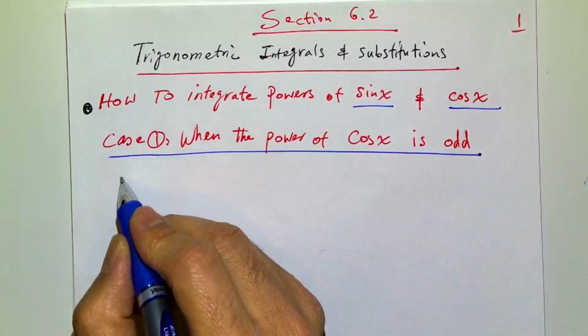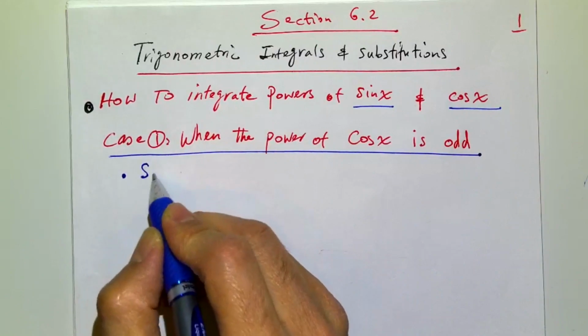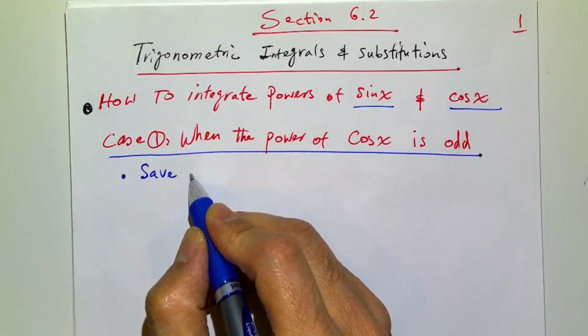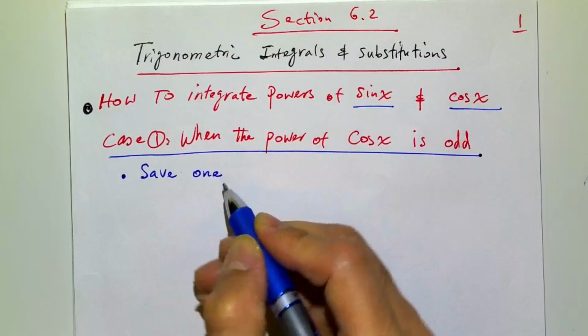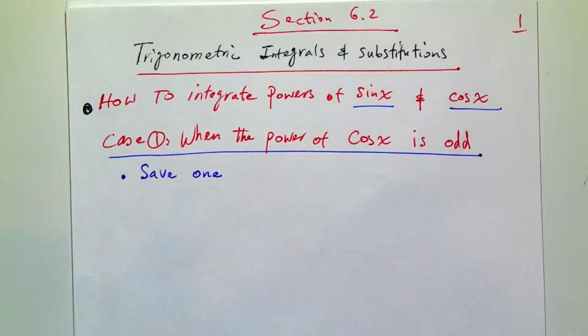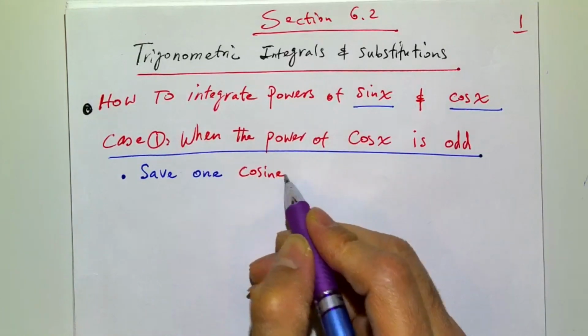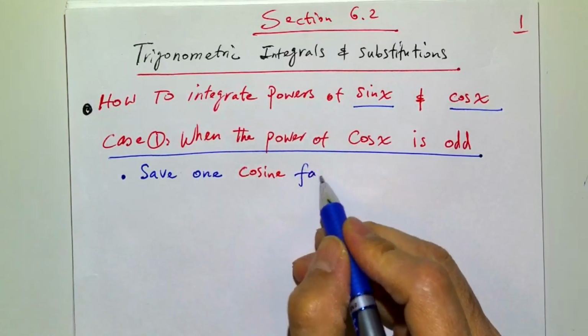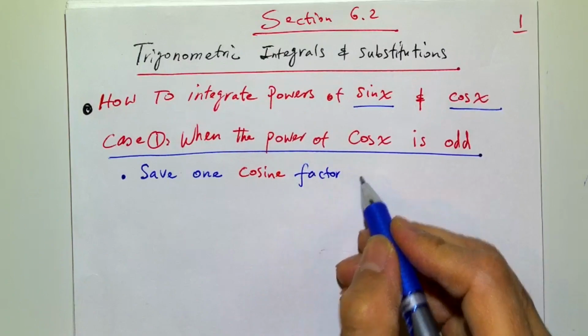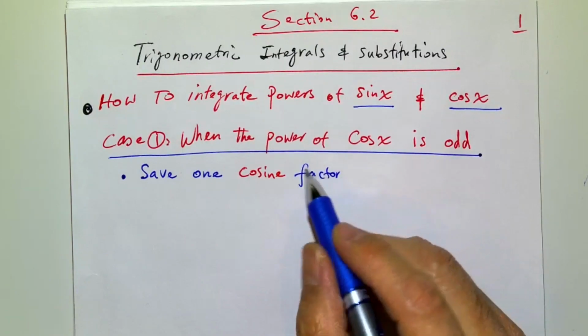So in this case, we always want to save one cosine factor, and we'll do plenty of examples so you'll see exactly how this works.